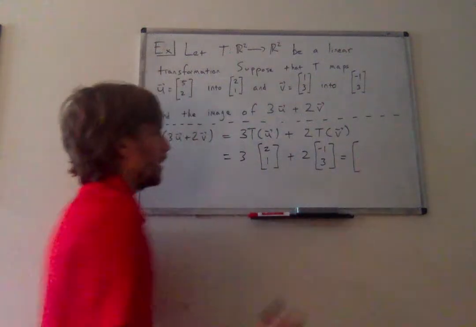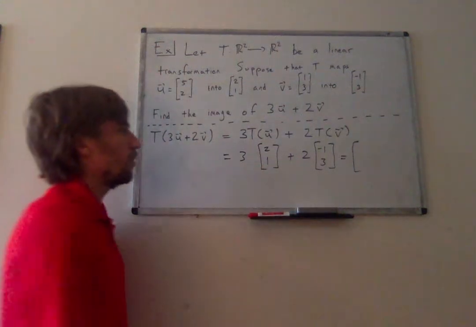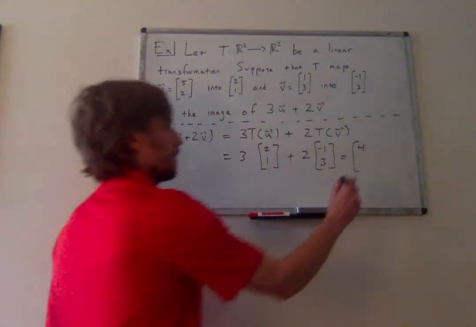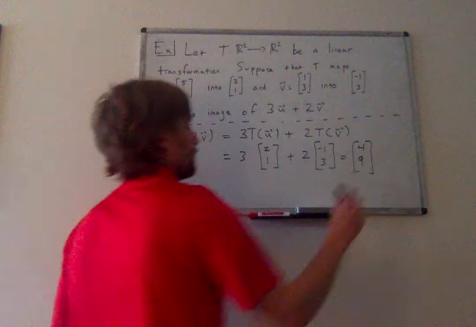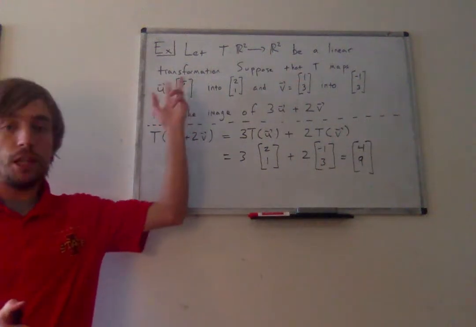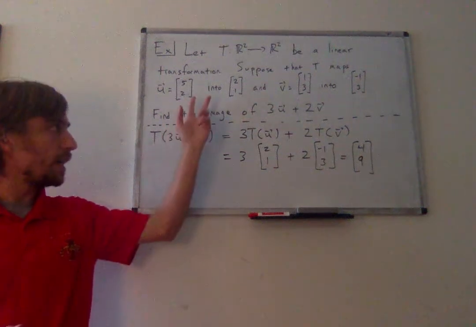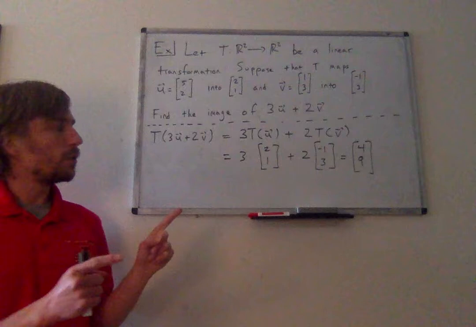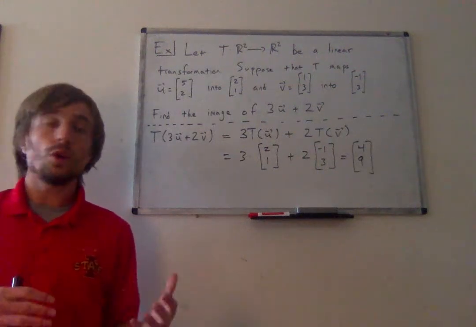If I do this, I get 6 minus 2 is 4, and 3 plus 6 is 9. So notice, knowing nothing about the linear transformation, we can use just the knowledge of two vectors to know exactly how the linear transformation works.